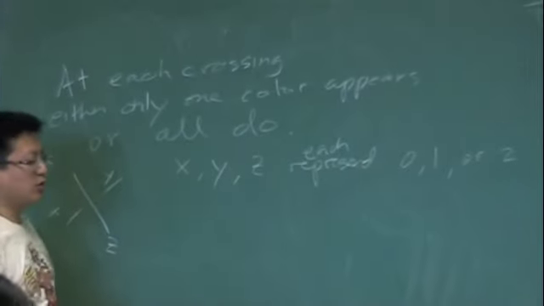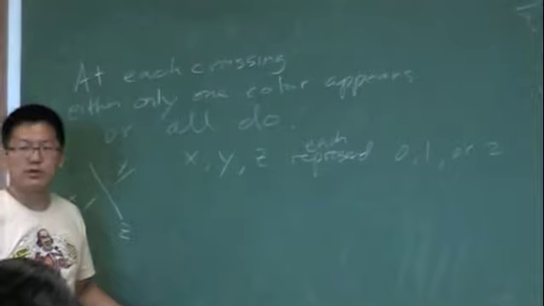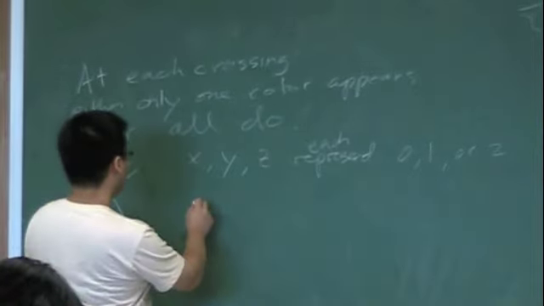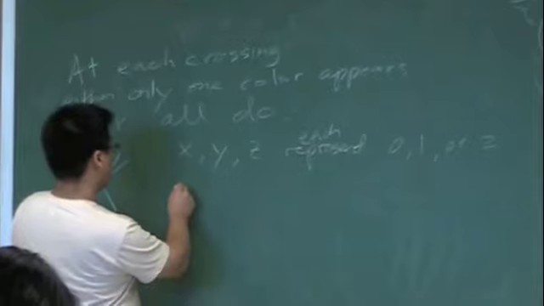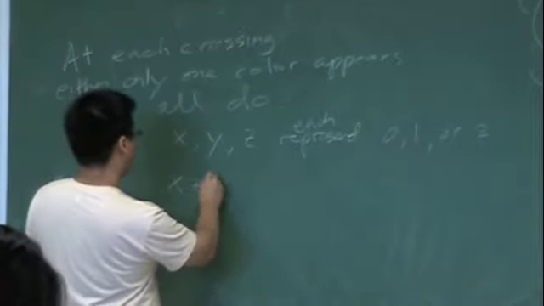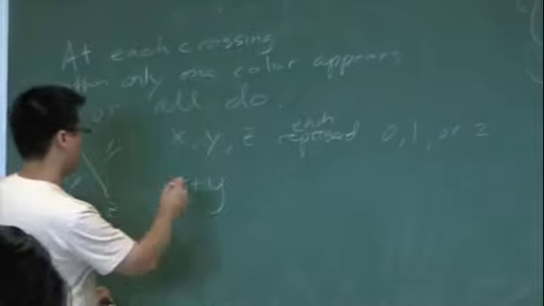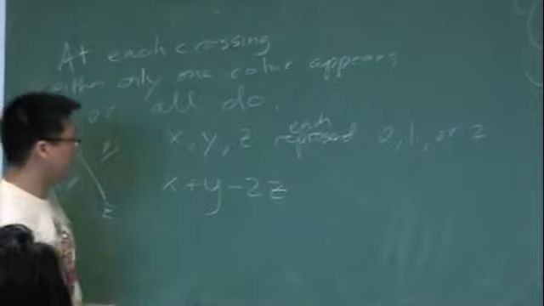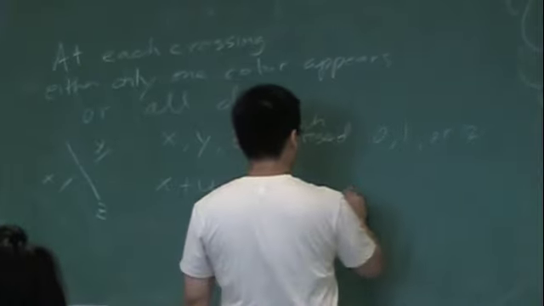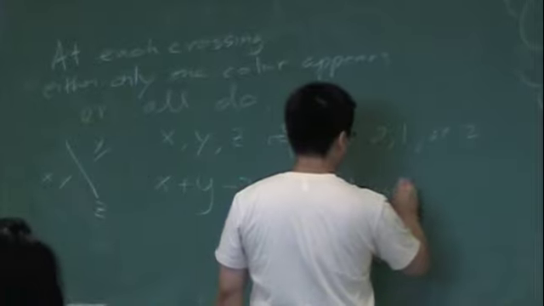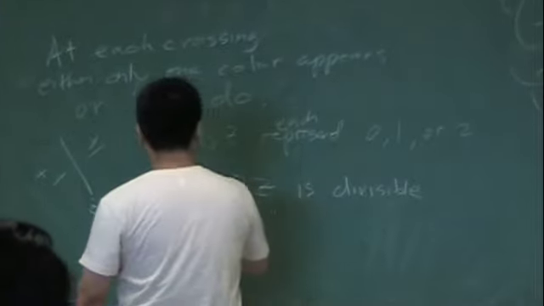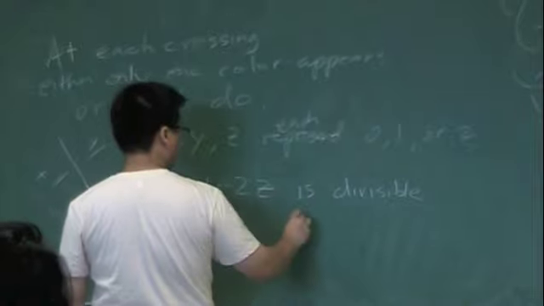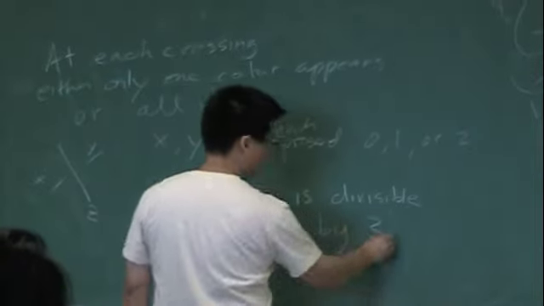Well, you can write this little equation that should look familiar from the problem: x plus y minus 2z should be divisible by 3 in this case.